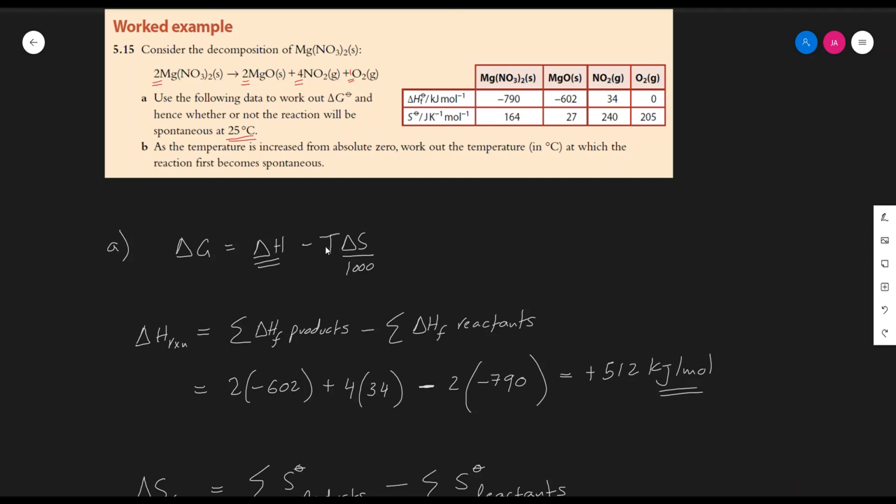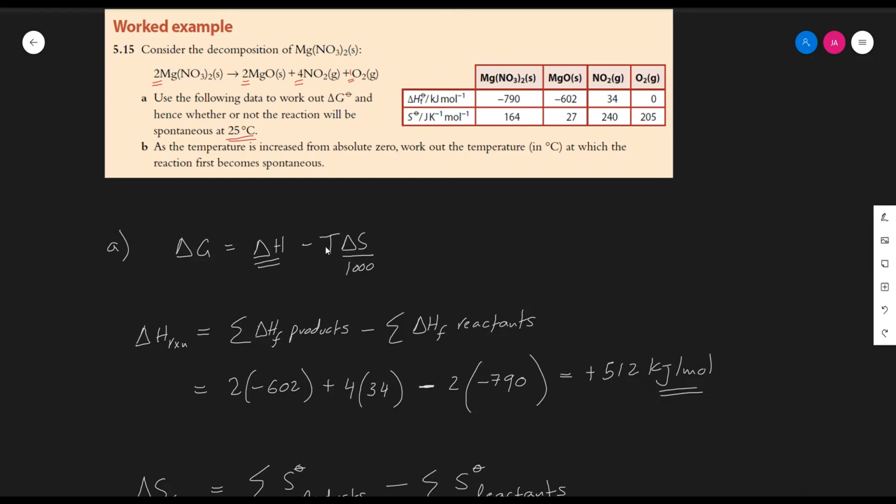And you will also be asked to determine the transition temperatures for reactions in which their spontaneity is affected by temperature, which is when the signs of both the enthalpy change and the entropy change are the same, whether they are both positive or both negative. The next part of the question will involve calculating the transition temperature.